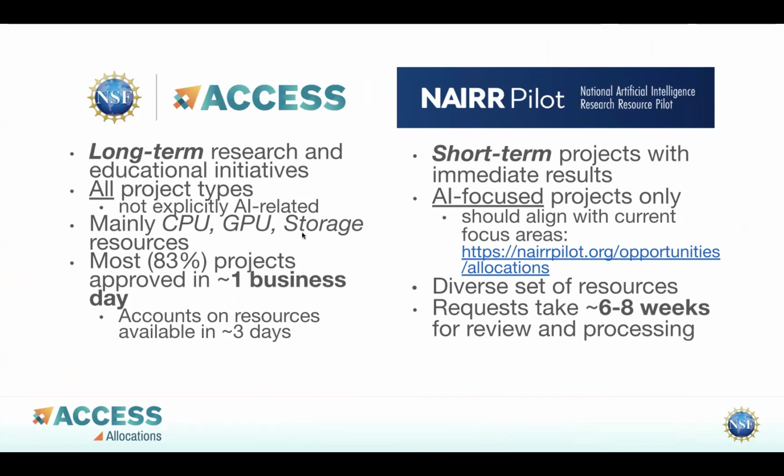We approve most of our requests in ACCESS in just about 1 business day. So 83% of requests, you're going to hear back within 24 hours of your submission. After you get approval, you then request resources to run on, and that typically takes about 3 days to get an account on an actual system where you can log in.